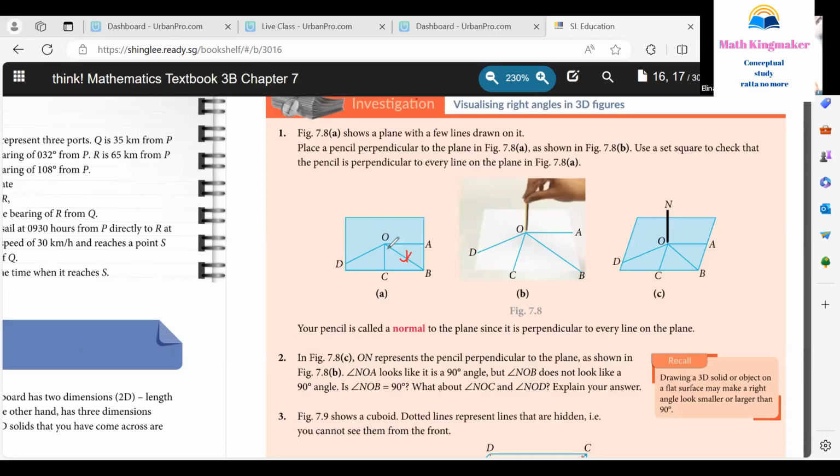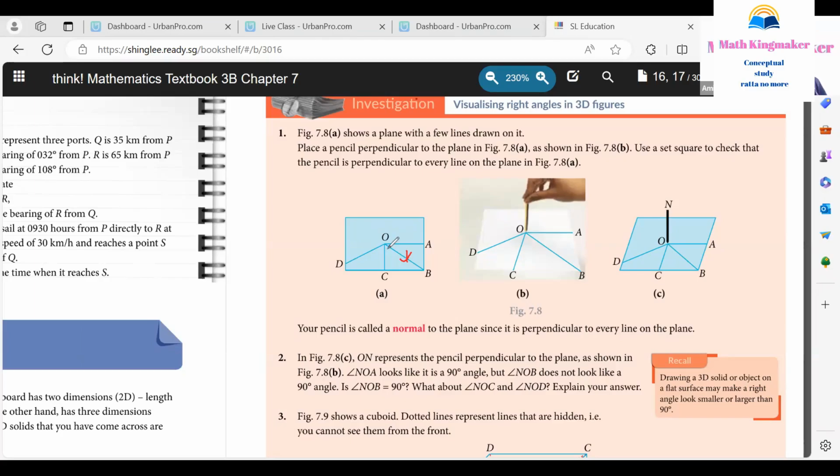Now, can you see, is it perpendicular to each and every line? It is perpendicular, because the plane is perpendicular to the pencil, and all the lines are lying in the plane. So the pencil will be perpendicular to OA as well as OB, OC, and OD.